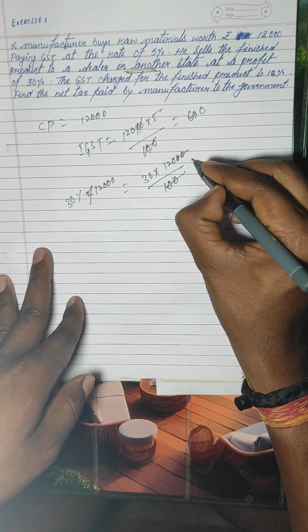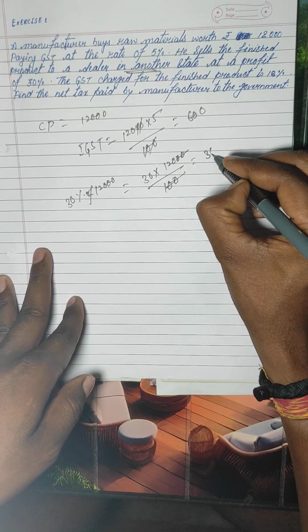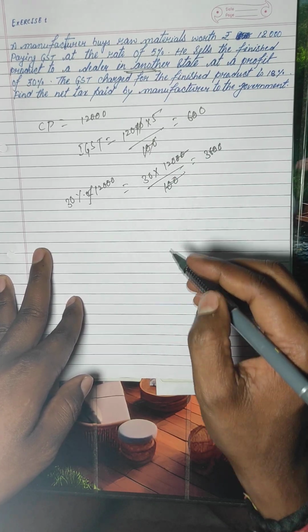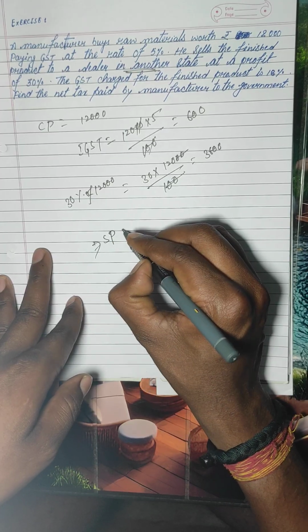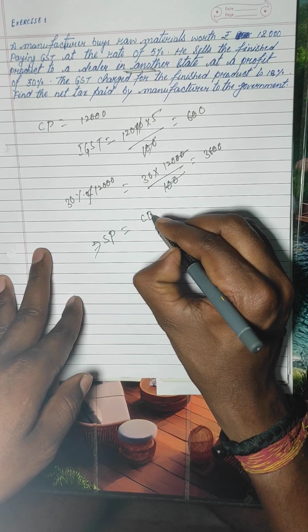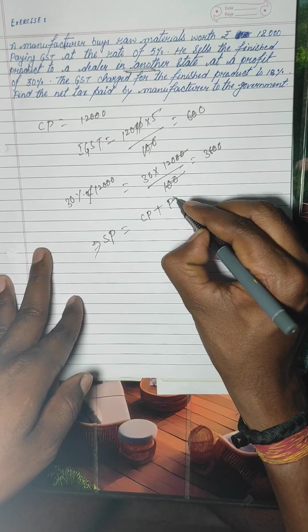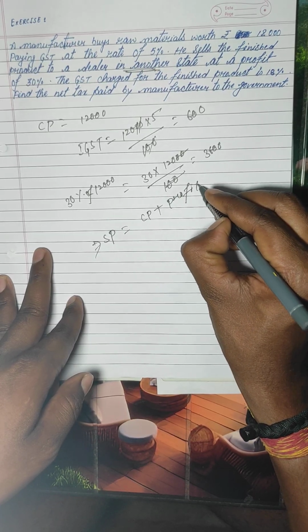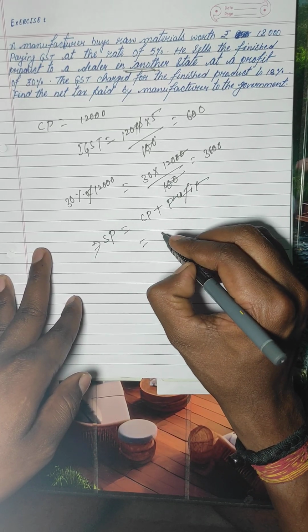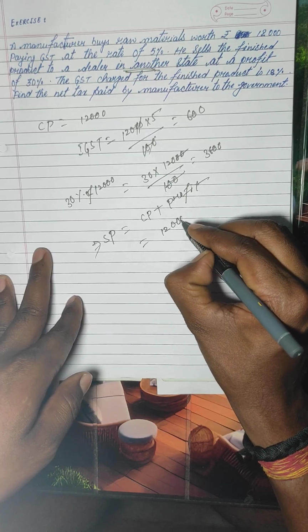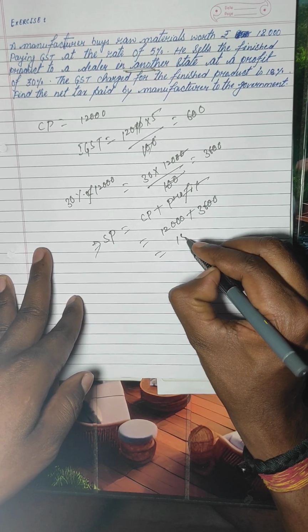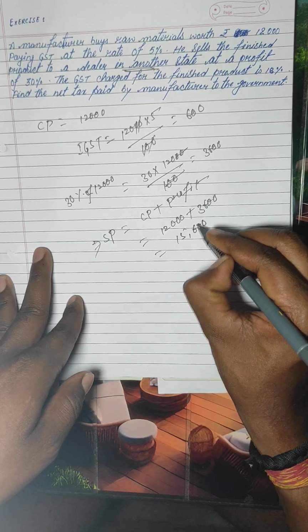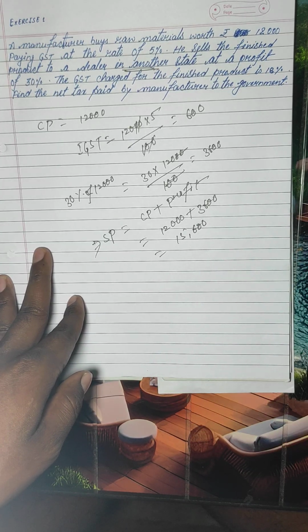Cancel 0 and 0, 12 times 3 is 36, so 3,600. So SP equals CP plus profit, 12,000 plus 3,600 rupees, 15,600 rupees. This is the SP.